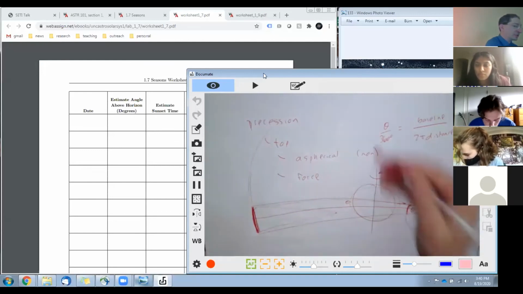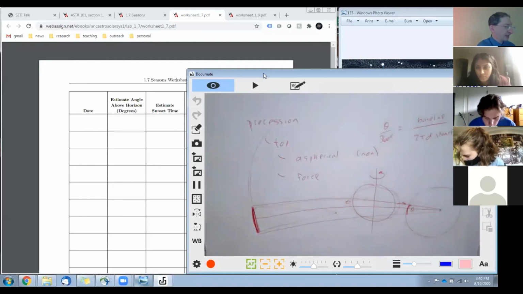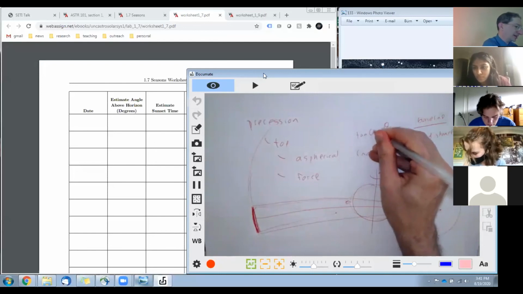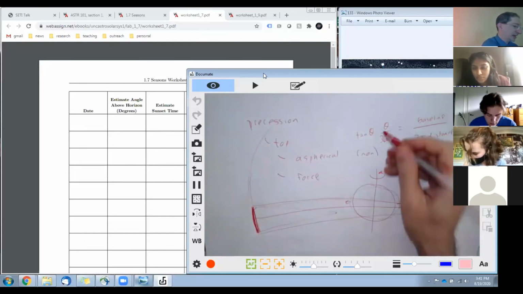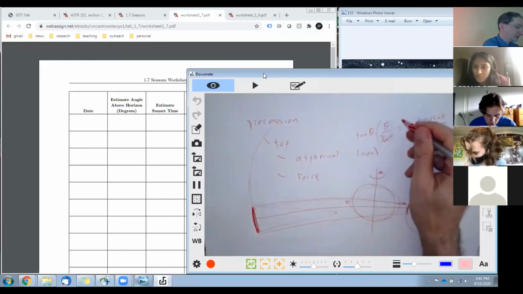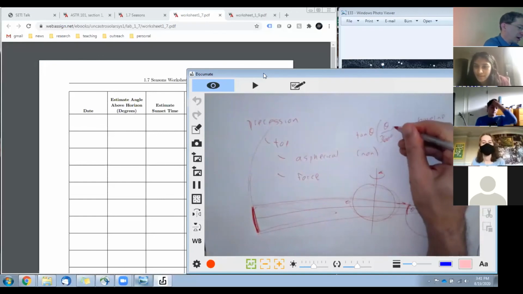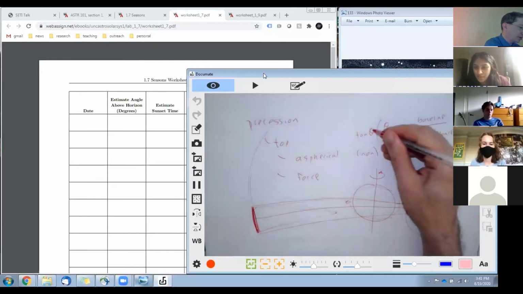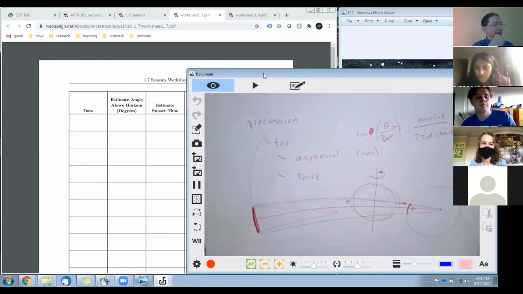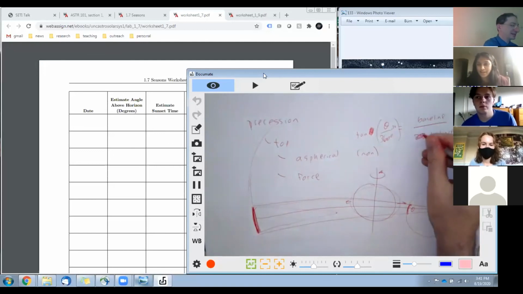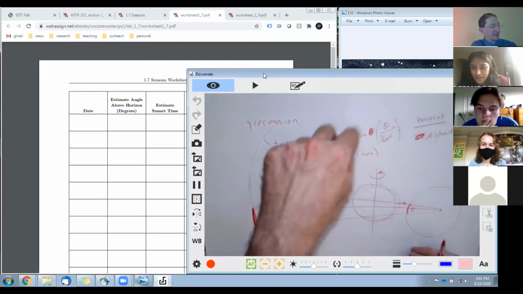But in reality, there'd be something like a tangent of this angle, tangent of this over this times 2 pi. So you put the 2 pi up there and take the tangent of this.